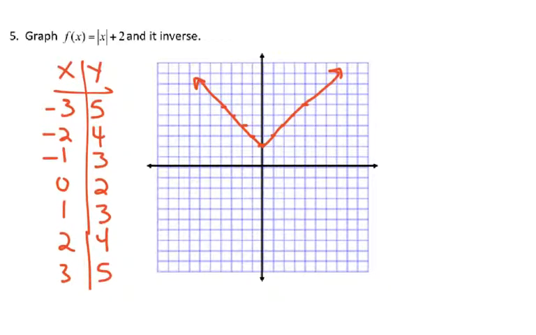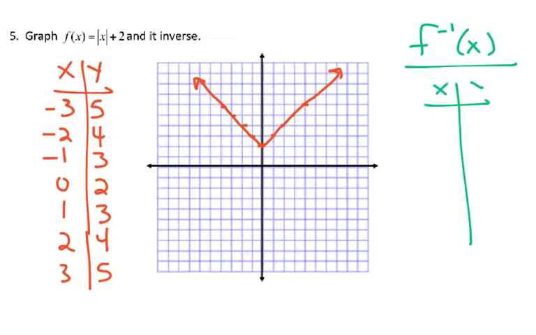And you could have got that from your calculator. So the graph of its inverse is the graph you get when you flip those ordered pairs. So instead you would graph (5, -3), (4, -2), (3, -1), (2, 0), (3, 1), (4, 2), (5, 3).